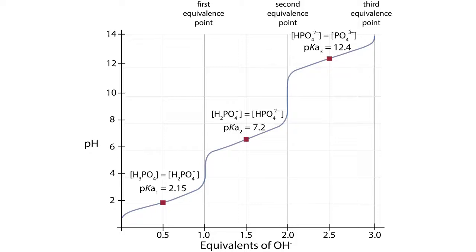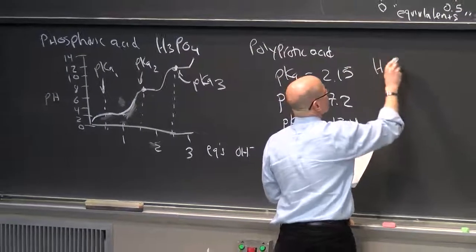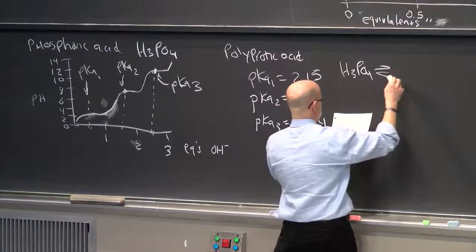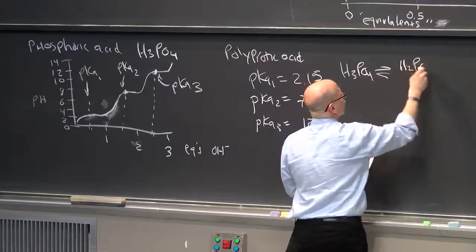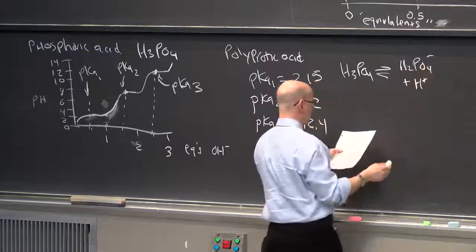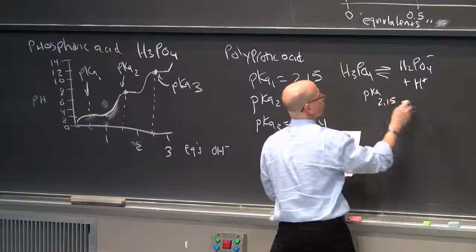And really what's happening is the following. I have H3PO4, which has its first pKa when I get H2PO4 minus plus a proton, single negative charge. And this pKa is about 2.15.